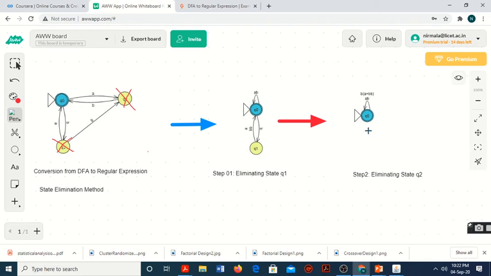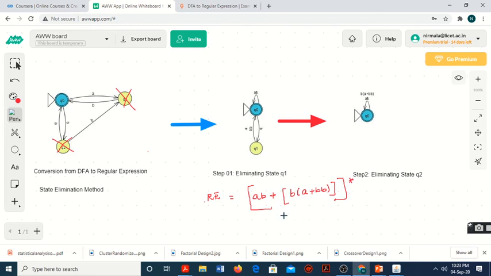Therefore, after eliminating Q2, the equivalent regular expression is AB or B followed by A or BB, and the whole thing, as it is made as a self loop, can be repeated 0 times or 1 time or any number of times.